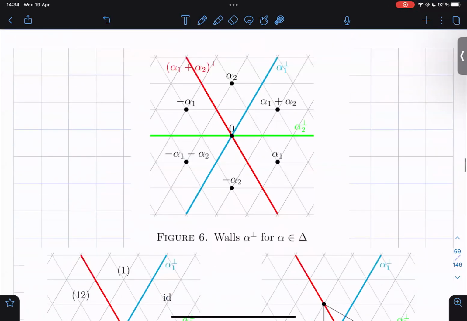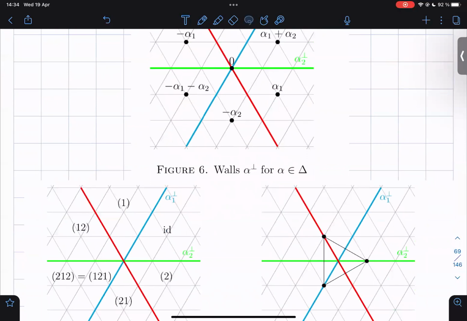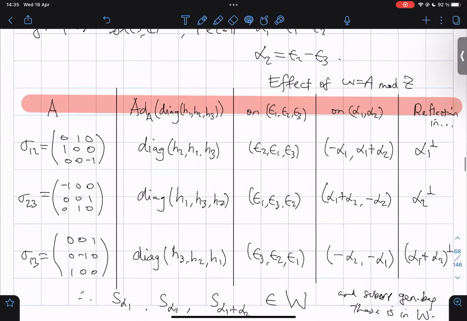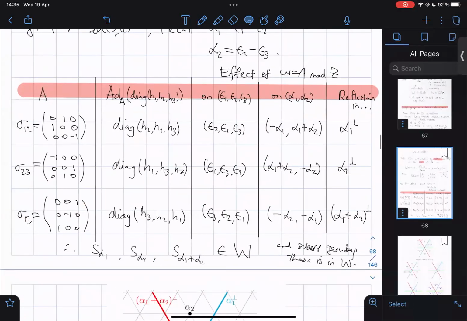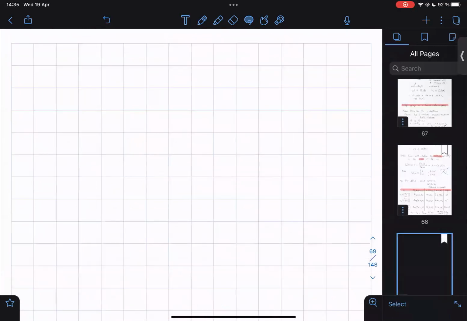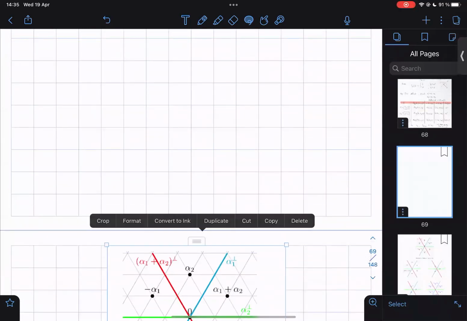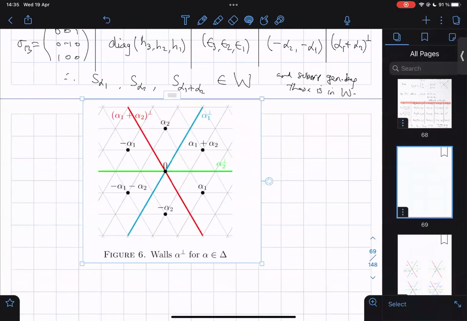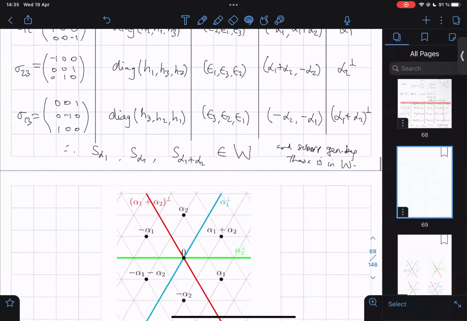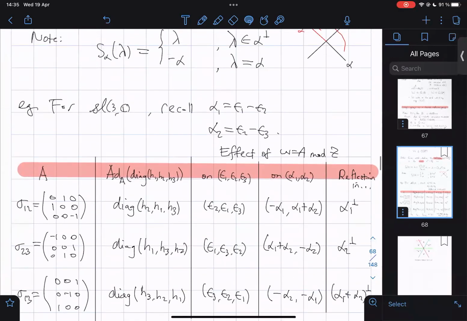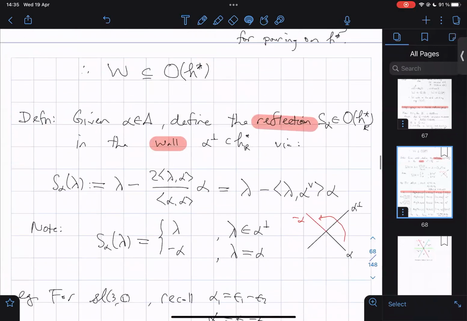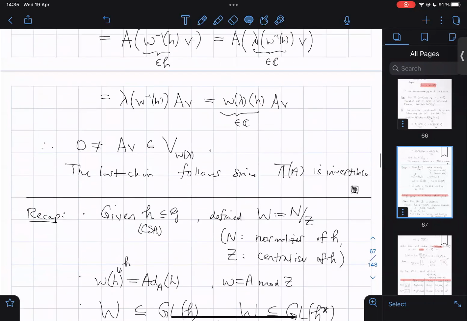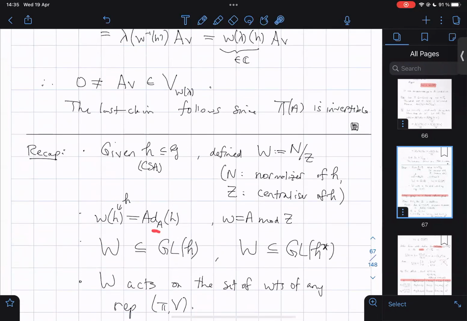Okay. So I'm going to move some stuff around. Right, so we had some definition up here where you're choosing some sort of element A from this normalizer.